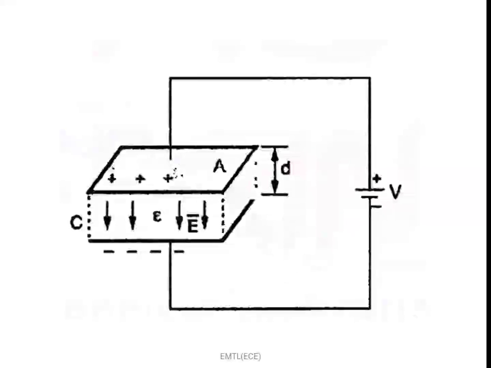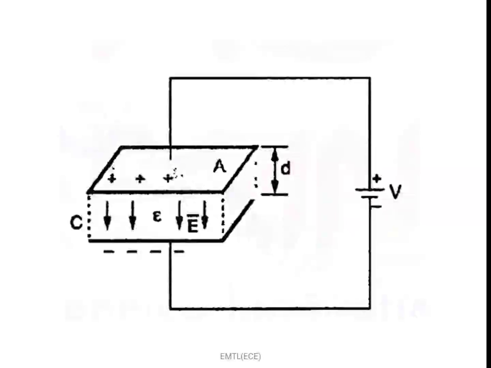Here again we have to remember the boundary condition between conductor and dielectric. That means at the boundary the electric field or electric flux density splits into two components, that is a tangential component and a normal component.